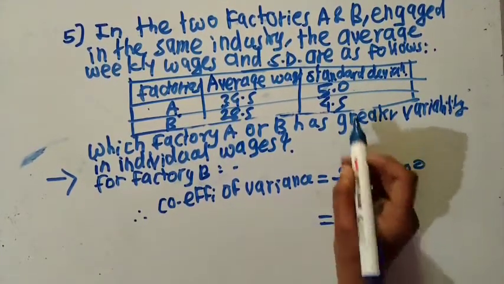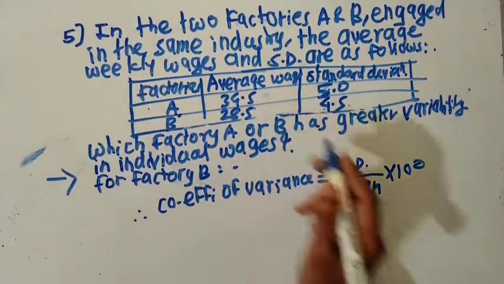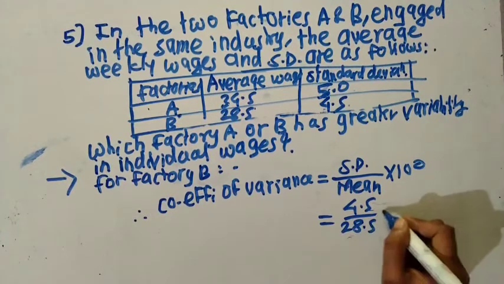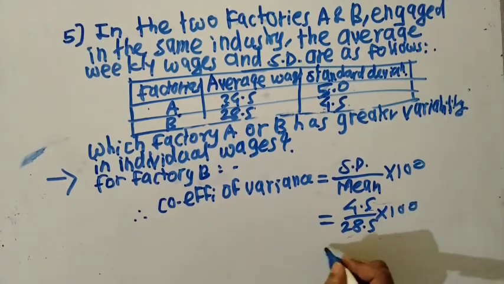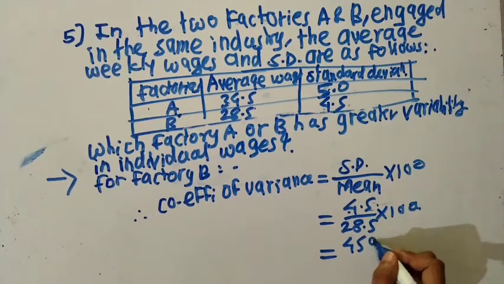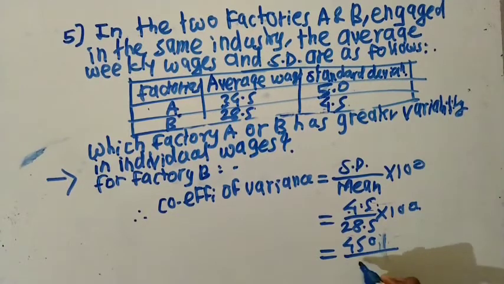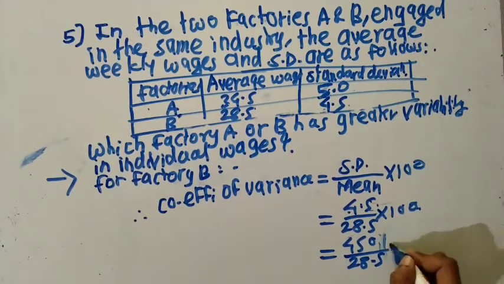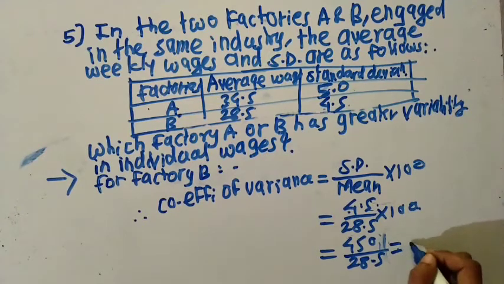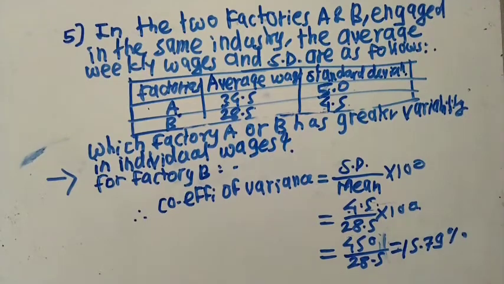Standard deviation is 4.5 upon mean is 28.5 into 100. So 450 upon 28.5, and is equal to 15.79%.